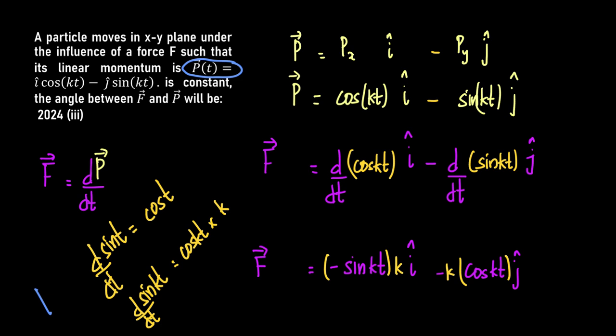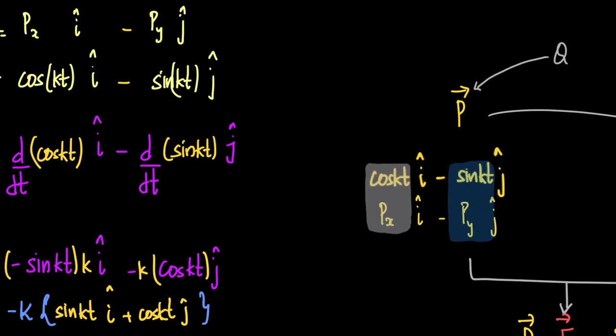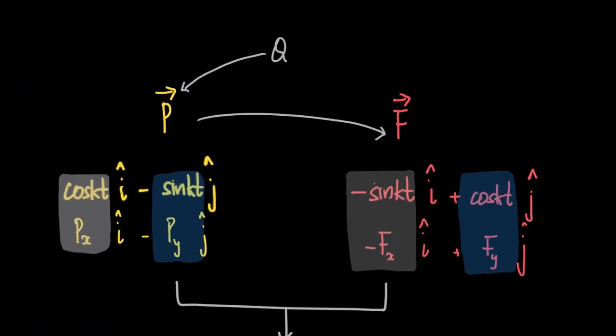So we have vector F is equal to minus k sin kt minus k cos kt. So if I have to write this further, vector F would actually be equal to minus k taken common into sin kt i cap plus cos kt j cap. Okay.